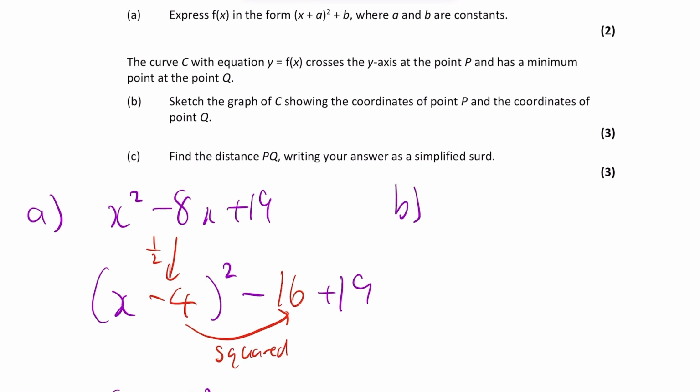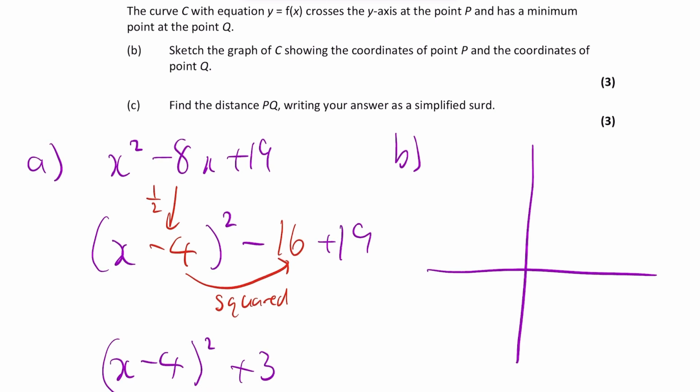Part B, the curve C with equation f of x, so this quadratic curve, crosses the y-axis at P and has a minimum point at Q. So, sketch it. The minimum point for this is at 4, 3. You end up swapping the sign every time on the thing in the bracket to get your x coordinate, and then you keep the same y coordinate.